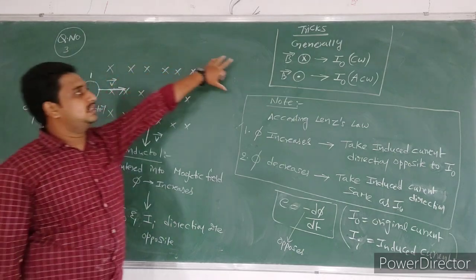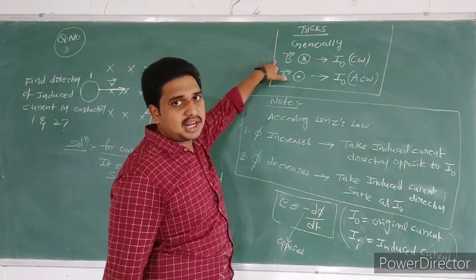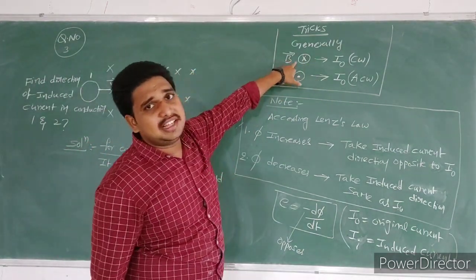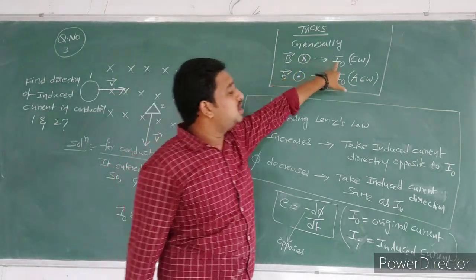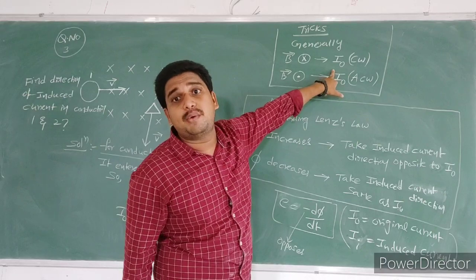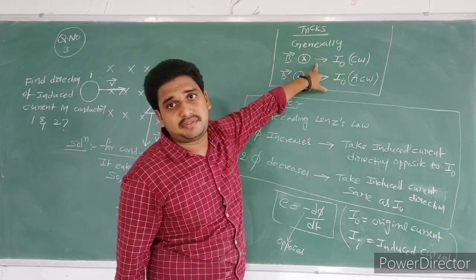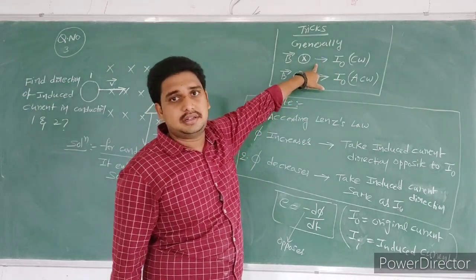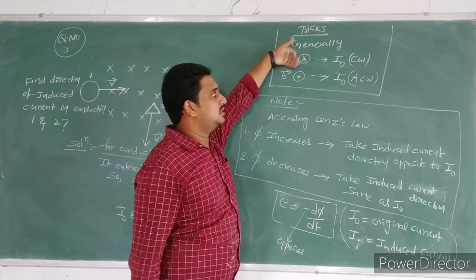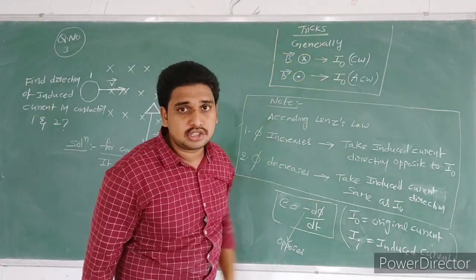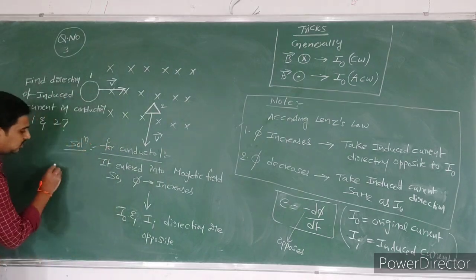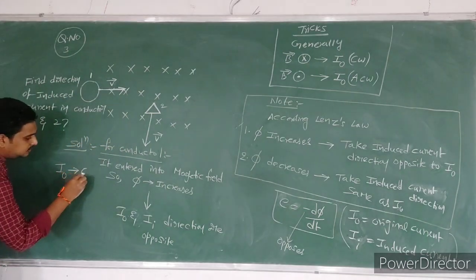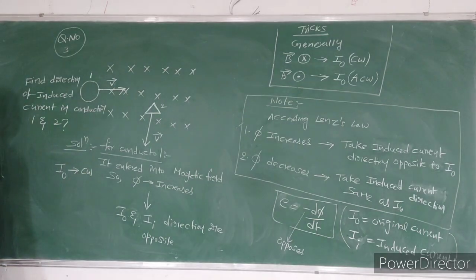You know already the trick for finding the original current direction. If the magnetic field is into the page, definitely the original current direction will be clockwise. This is a simple trick for finding the direction of current. So the original current direction here is clockwise.